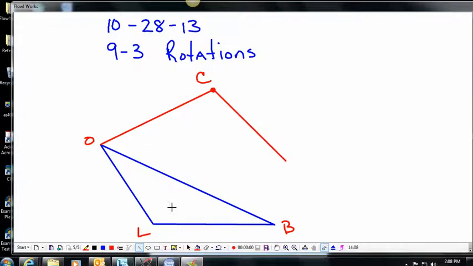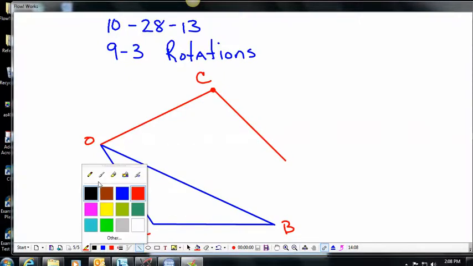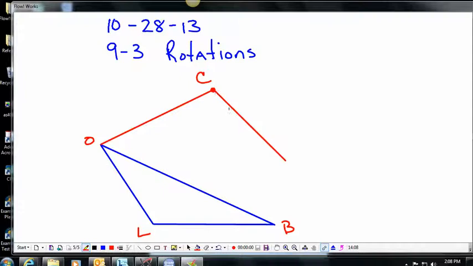Okay. So you've got C, O, and we're going to take it to O prime. And that piece is congruent to that piece. And what's this angle measure? 100, because we're rotating the shape 100 degrees.